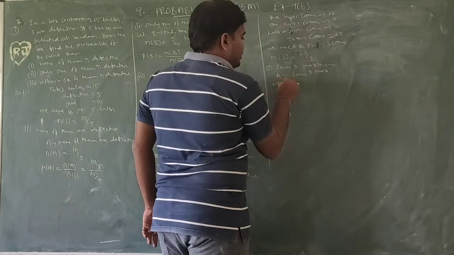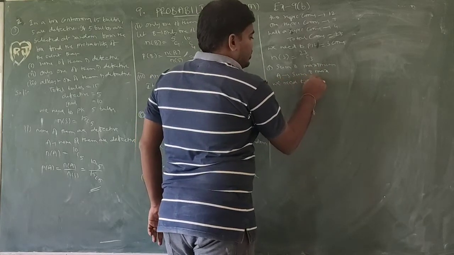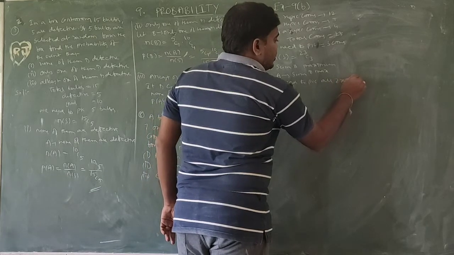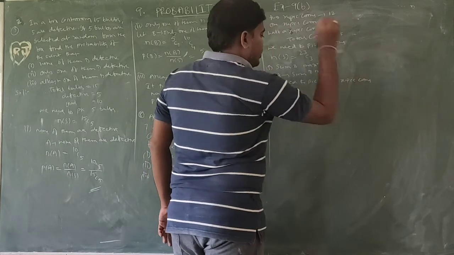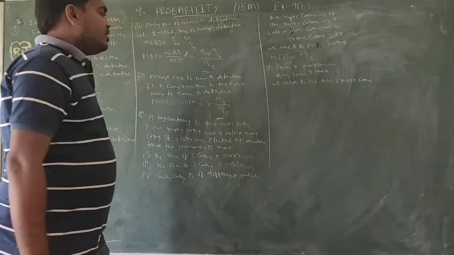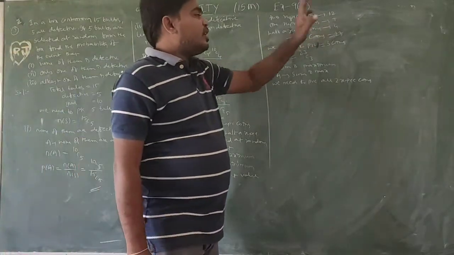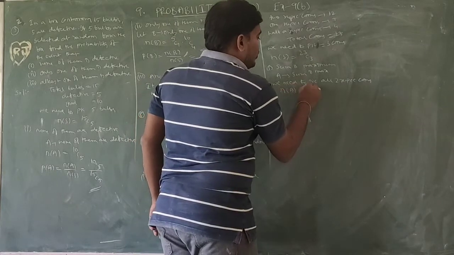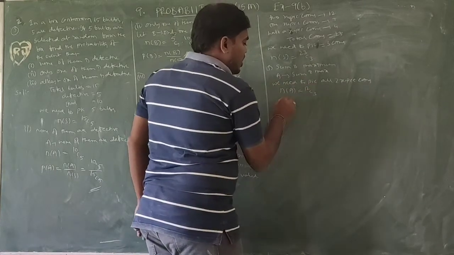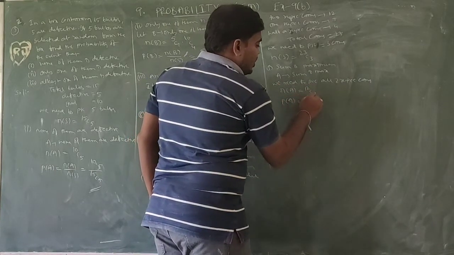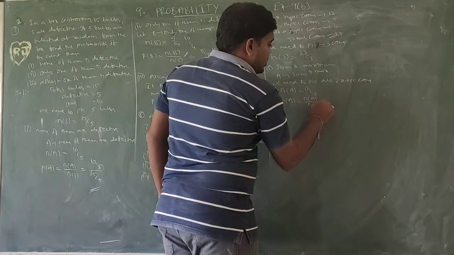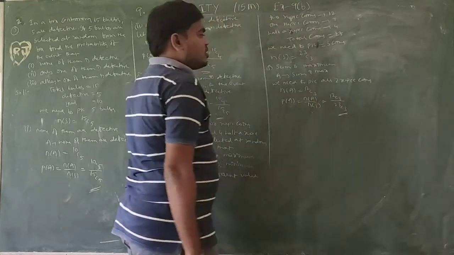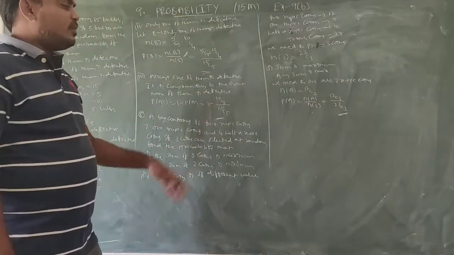How many 2 rupee coins? 12. So we need to pick 3 coins from these 12. So n(A) equal to 12C3. P(A) equal to n(A) by n(S) equal to 12C3 by 23C3. So this is the first one, sum is maximum.